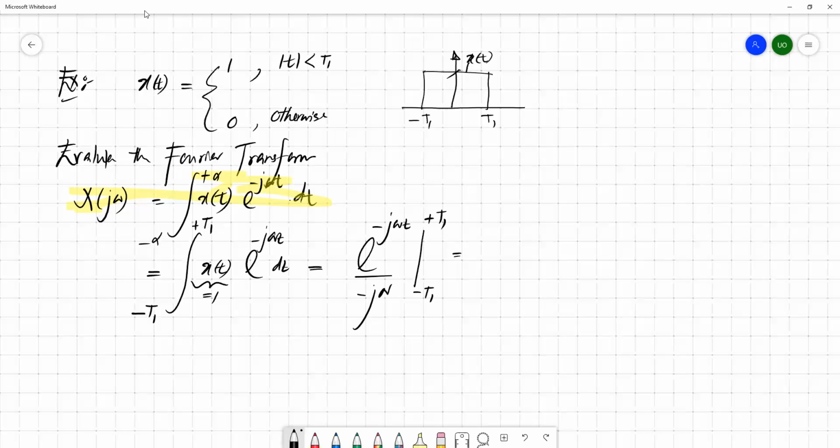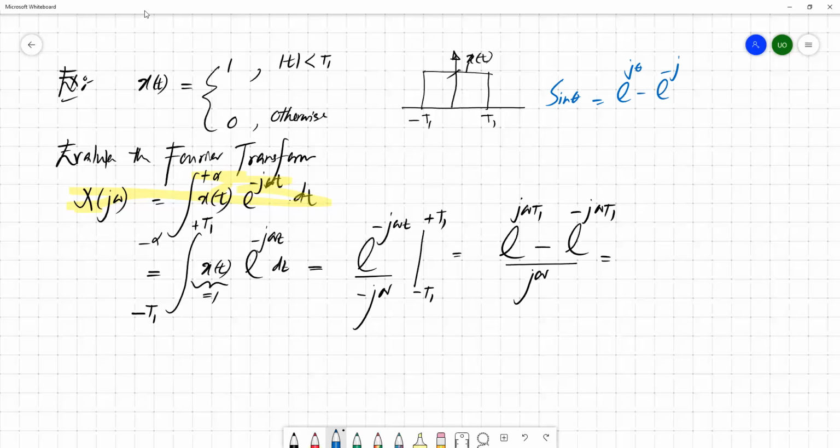So we have e to the power jωT1 minus e to the power minus jωT1, over jω. We know this relationship, which we discussed: sin θ is e to the power jθ minus e to the power minus jθ divided by 2j.